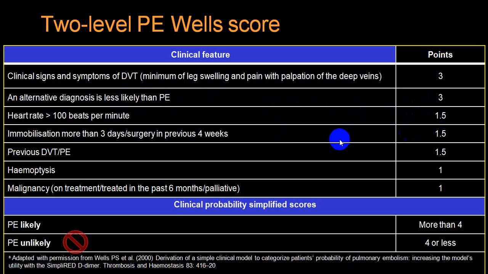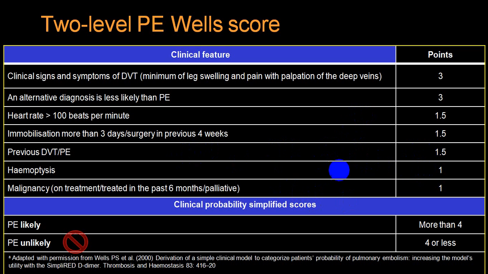Tachycardia, 1.5. Surgery or immobilization for more than 3 days, surgery in previous 4 weeks, 1.5 points. Previous DVT, previous pulmonary embolism, 1.5. Hemoptysis, 1. Malignancy treated or on treatment in past 6 months, 1 point.